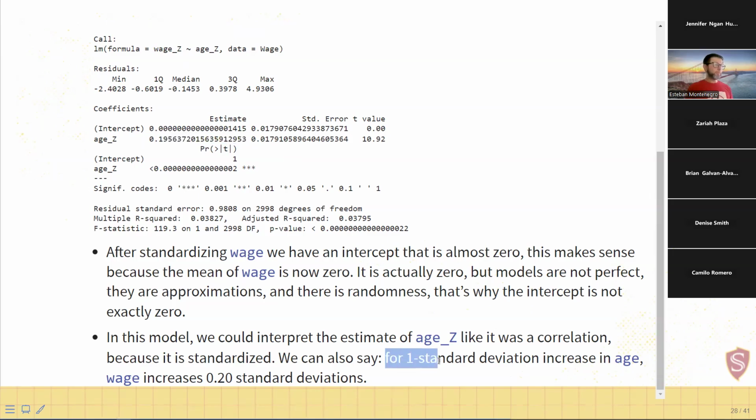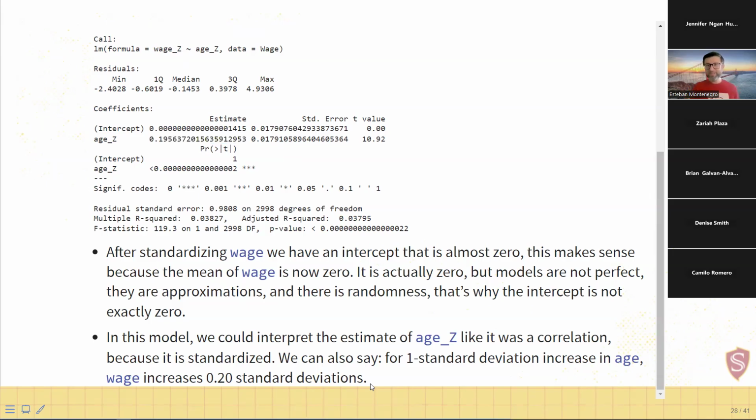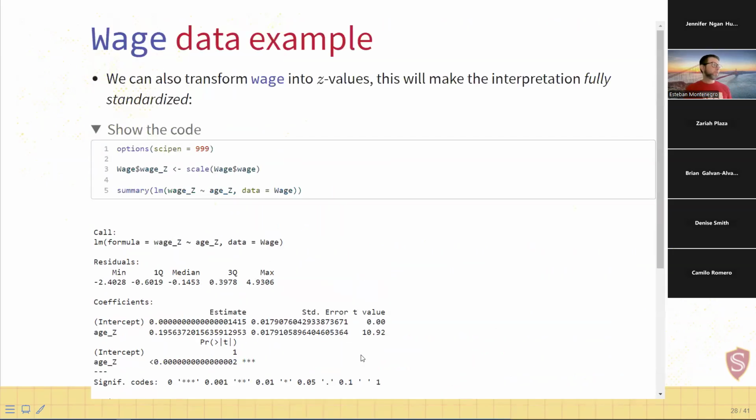What we say is, for one standard deviation increase in age, wage increases 0.20 standard deviations. That's how you interpret the regression when you are using Z scores, right? This is something that we call a fully standardized solution. That means that your outcome and your predictors are standardized.